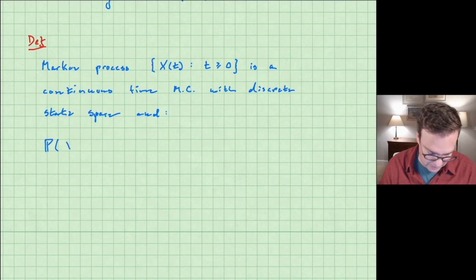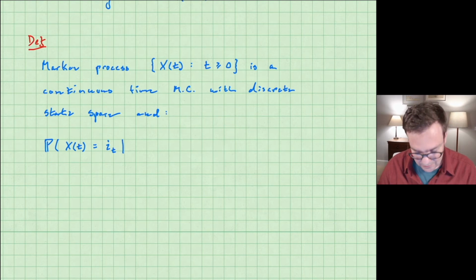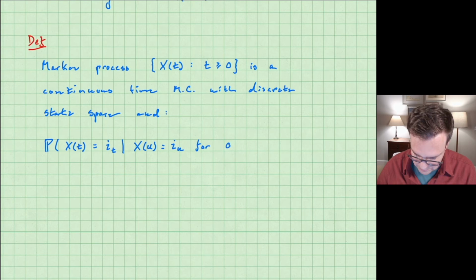It looks like this. The probability that x of t is equal to I sub t, given that x of u is equal to I sub u for u in some interval 0 to s. So that's the probability that we want to be interested in.